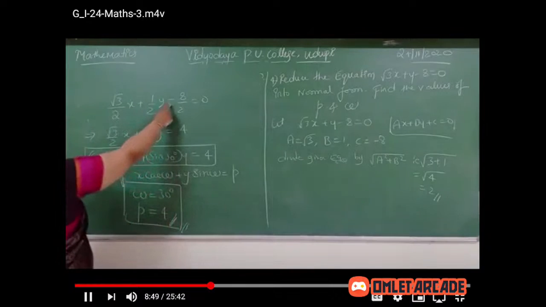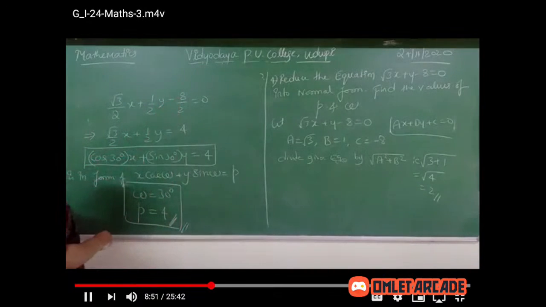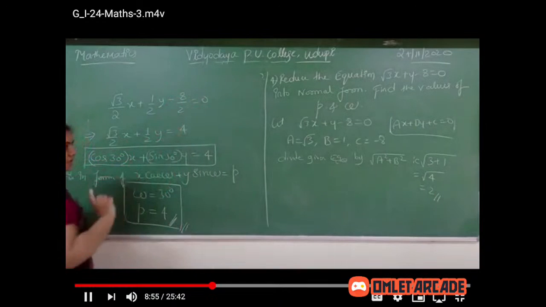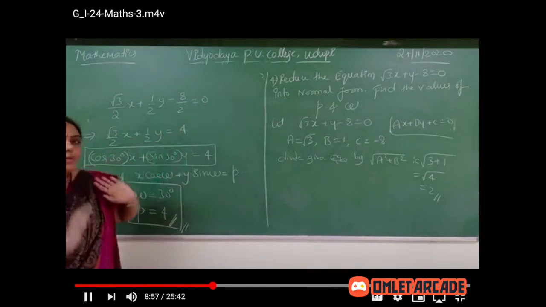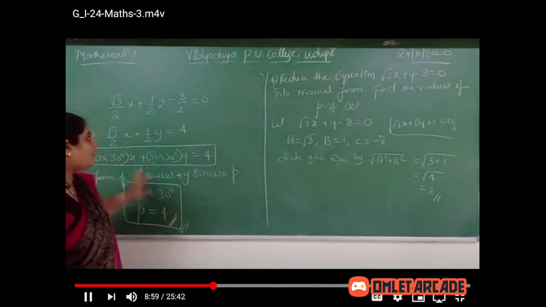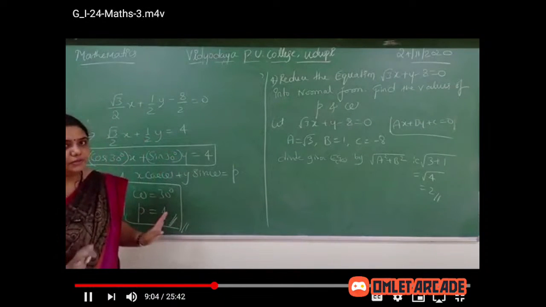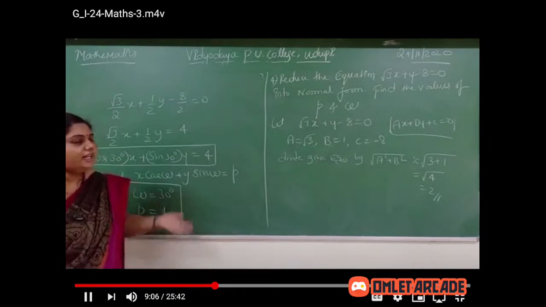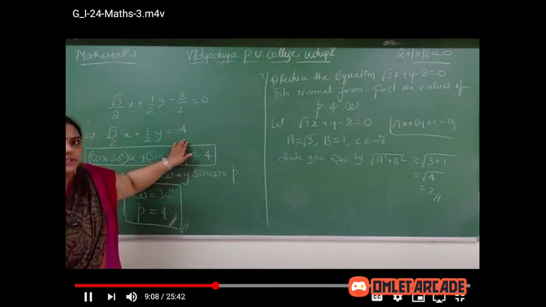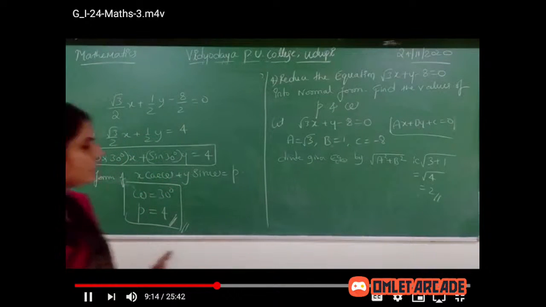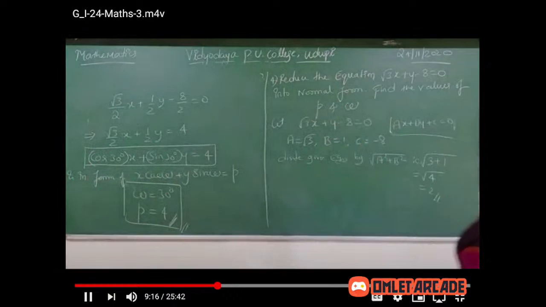And here minus 8 by 2, of course, when it shifts to the RHS, becomes positive. Remember, p should always be positive. You have to make the equation in such a way that p is positive. So here, fortunately, it comes out positive directly, so nothing to worry. Directly you can make out what omega is and what p is. So this is the solution of this problem.